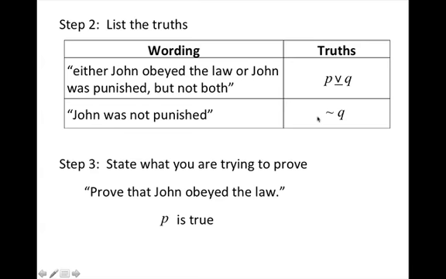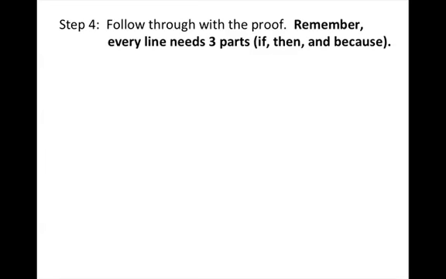I'm going to start out with the fact that not Q is true and conclude that Q is false. Then I'm going to use the fact that Q is false and that this or statement is true to prove that P is true. So let's look at the steps of our proof.